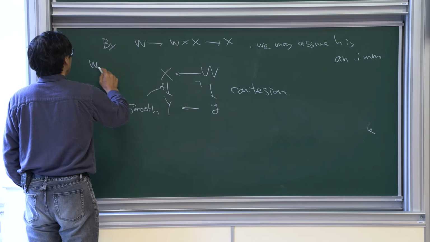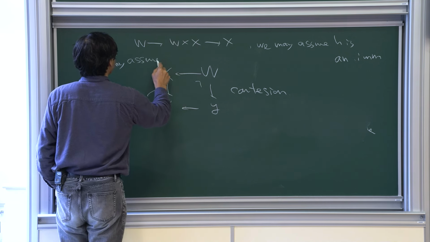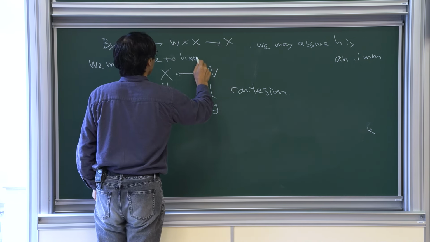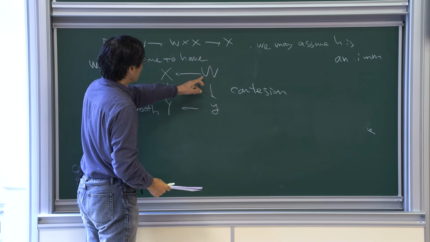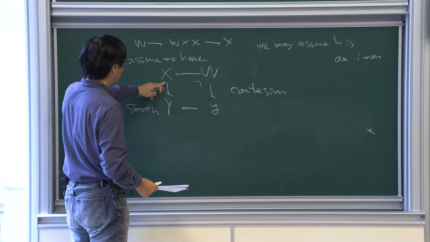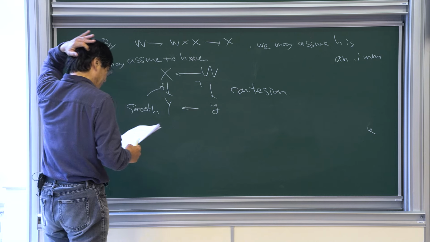So locally, we can take equations defining W, and we define a map to affine space using these equations.